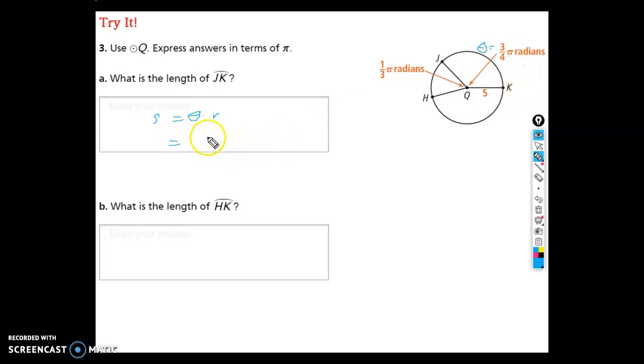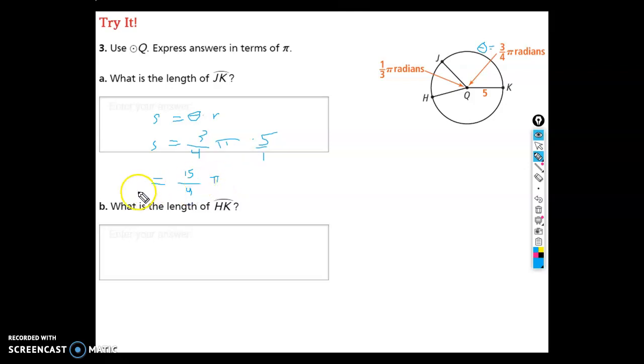Okay, so theta is 3/4 pi, and we're just going to multiply it by r, which is 5. So our arc length is, okay, 3/4 times 5, you just multiply 3 times 5, which is 15, okay, and you know, 5 is 5 over 1, so you have 4 times 1 is 4. So your arc length is 15/4 pi, okay?